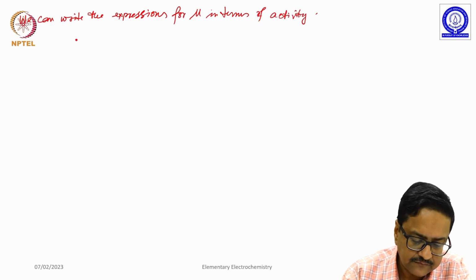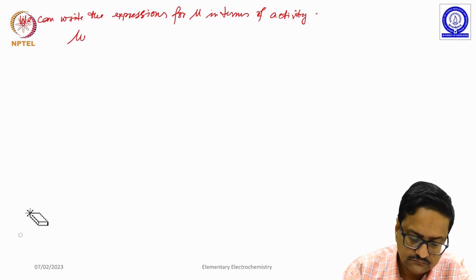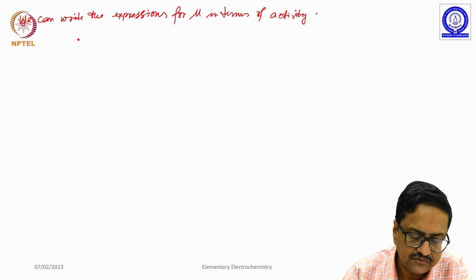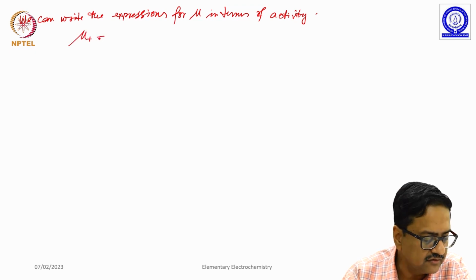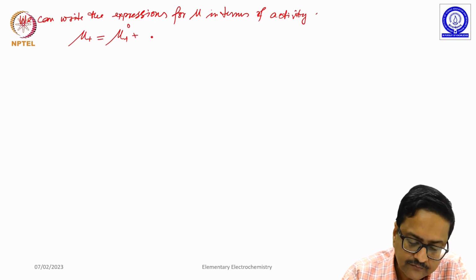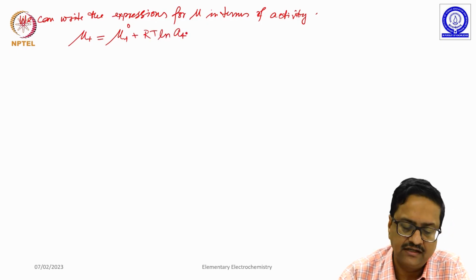So we can write mu plus is equal to mu plus 0 plus RT ln A plus, with standard notations.